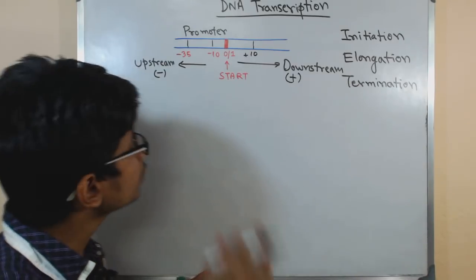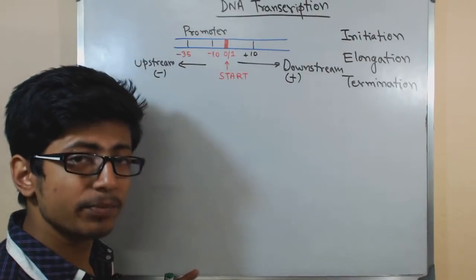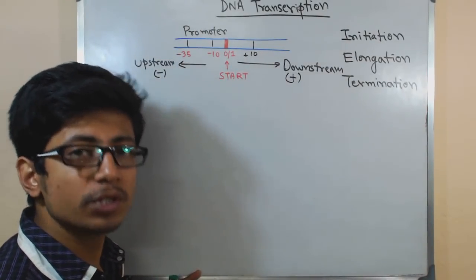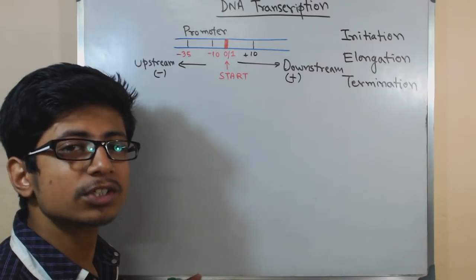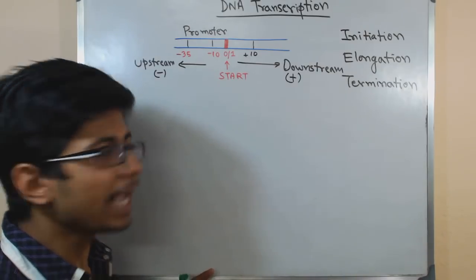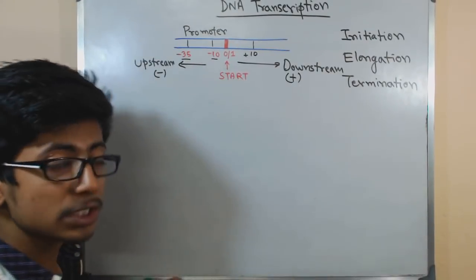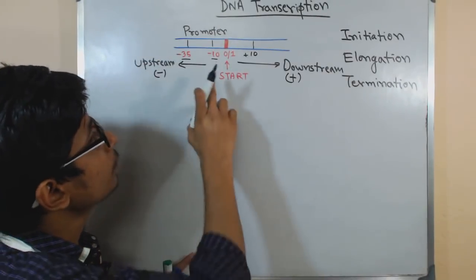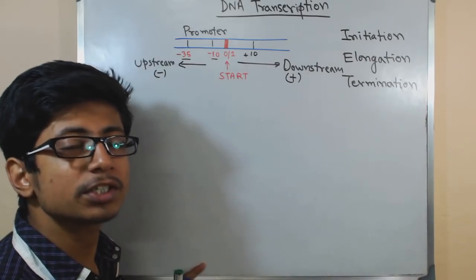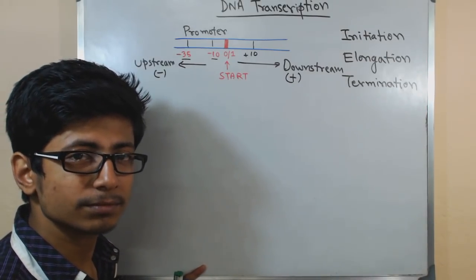That's it. So the promoter region, as you can see, is present upstream of the initiation or start site of the transcription, between the 35th nucleotide and the 10th nucleotide upstream of the start site of transcription, right?